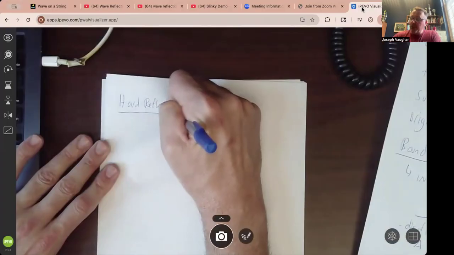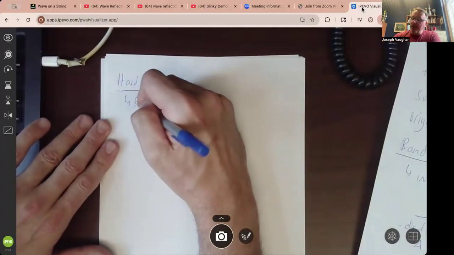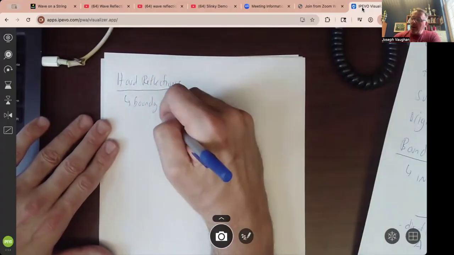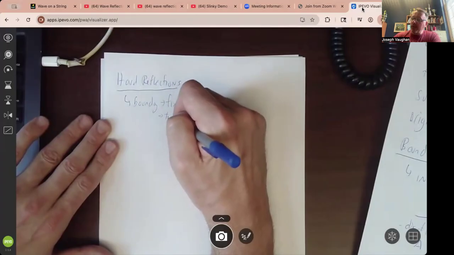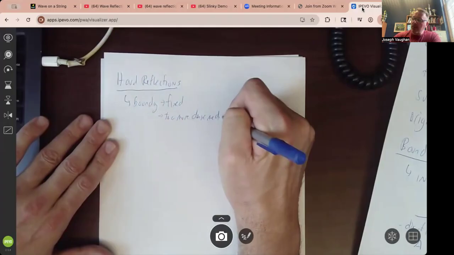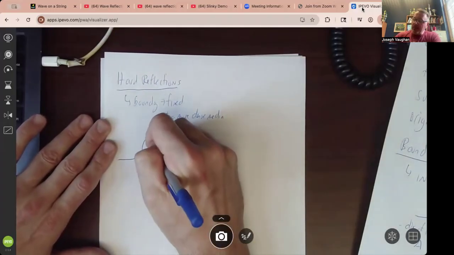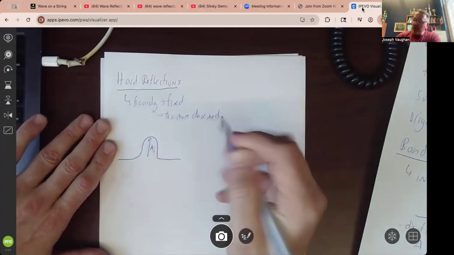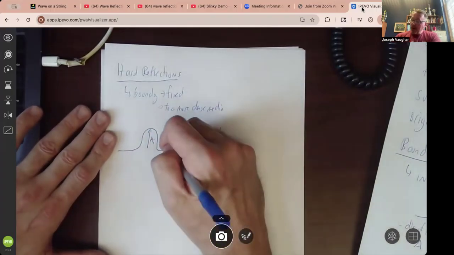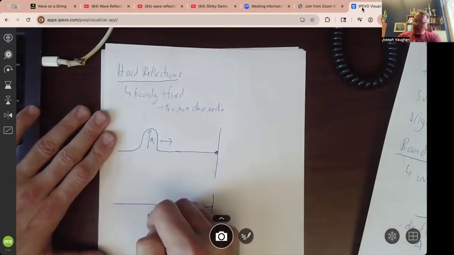Okay, so now let's talk about the difference between hard and soft reflections and get you some vocabulary as well as pictures. So a hard reflection, okay, this is when the boundary is fixed or I'm going to a more dense medium. And so what does that look like? If I have a wave pulse that has an amplitude of A initial going down to a wall that is fixed, right? Afterwards, there we go.